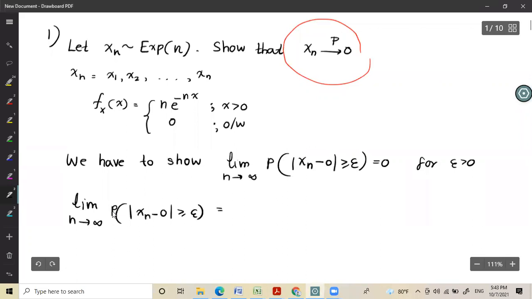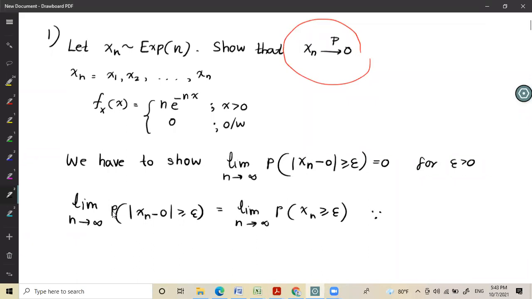Since this is 0, you can write this as simply the probability that Xn is greater than or equal to epsilon. Now, why are we omitting the absolute value? Because we know Xn is exponential, and exponential random variables are always greater than 0.